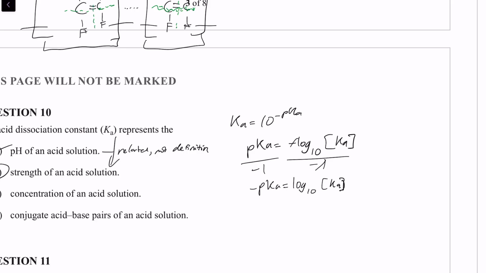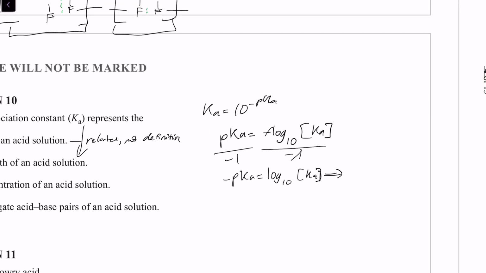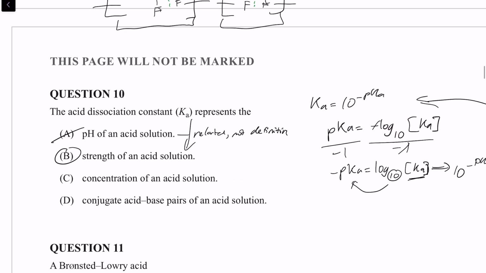And then we know that by log laws, changing this to an index form, we just take the base, raise that to the power, which is equal to negative pKa, and that's equal to what's in the brackets for what we're logging, Ka. Okay, that equals back what I said originally. So yeah, it is related, but it's not the definition.